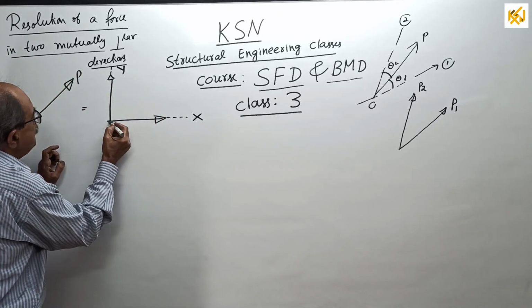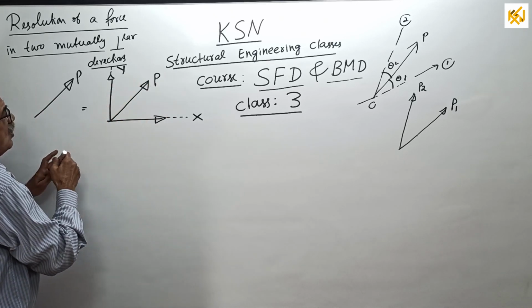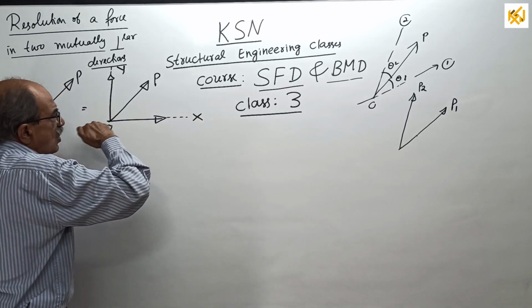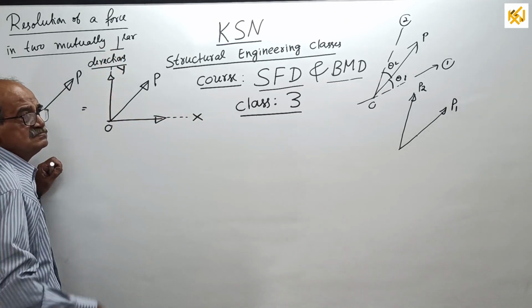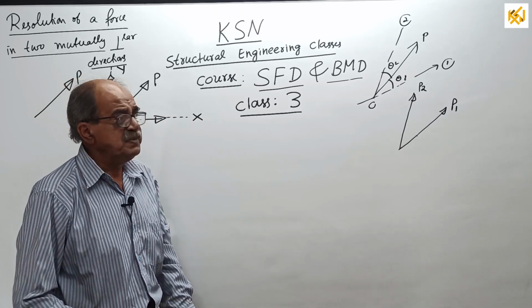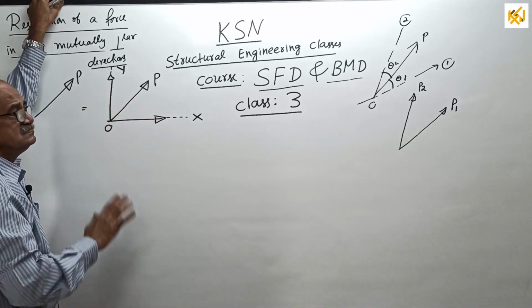Now, if the force comes here, P, in between, we want to resolve along OX and along OY, taking the point as O. This is resolution in two mutually perpendicular directions because OX and OY are perpendicular to each other.